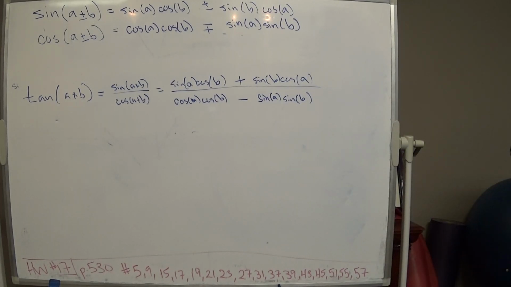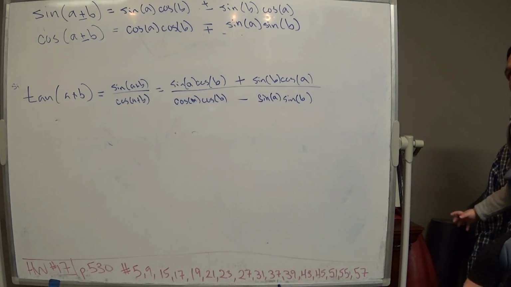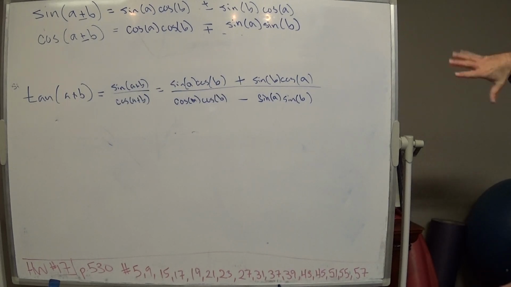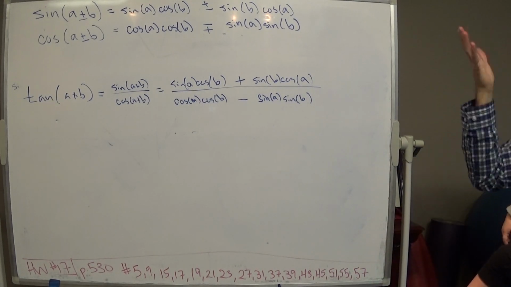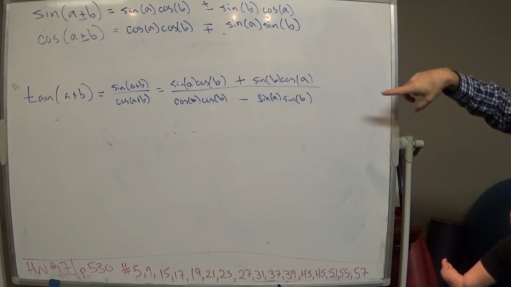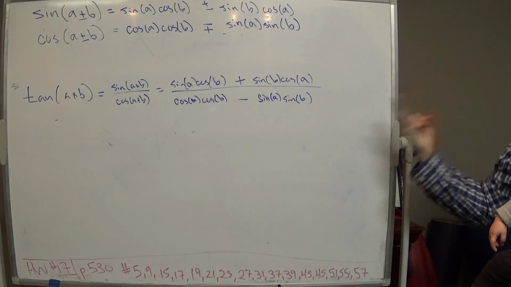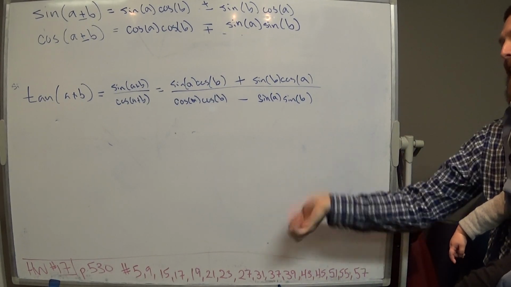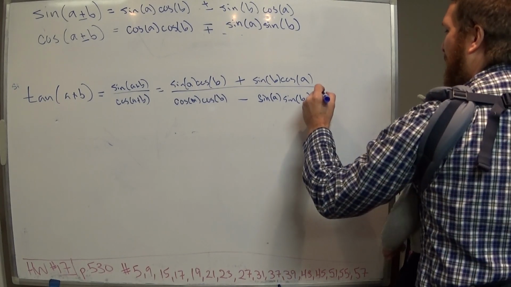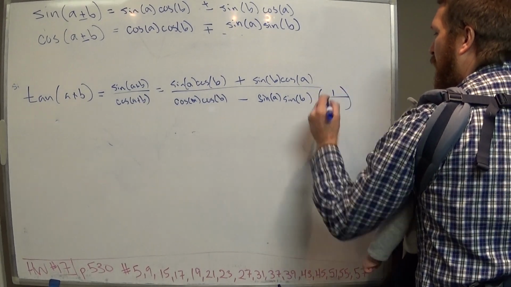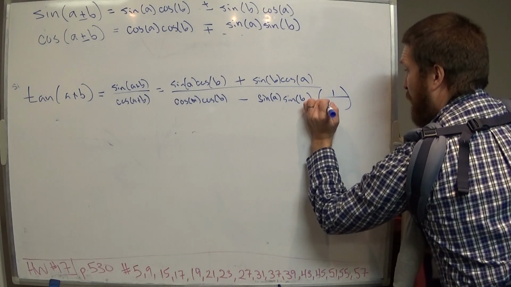But we usually want these things in terms of tangents. Knowing that tangent is sine over cosine, I'm thinking I should divide the top and the bottom by cosine of something. But I'm noticing that I have two flavors of cosine, a cosine A and a cosine B. So what happens if I just divide the top and the bottom by 1 over both flavors of cosine? I don't know. Let's find out.